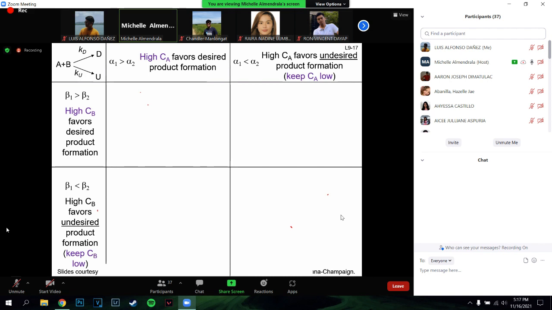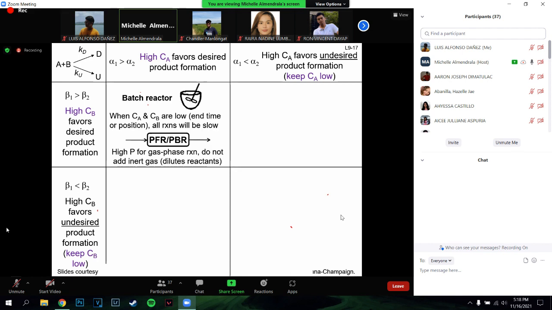So the higher CA, the more it favors desired formation in general, if alpha 1, the order of A, is greater than alpha 2. If it is the other way around, alpha 1 less than alpha 2, high CA favors the undesired product, so you have to keep the concentration of A low. That is in general for alpha 1 and alpha 2.